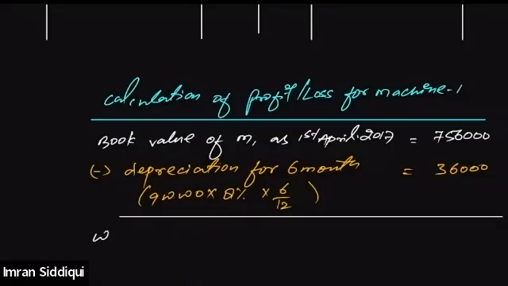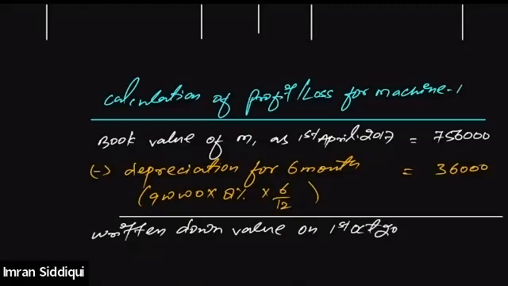Written down value is also known as WDV. Written down value on 1st of October 2017. So on the date on which this machine is being sold, written down value, meaning the value of the machine after charging depreciation, is 7,20,000.